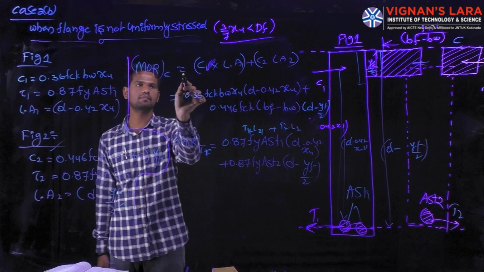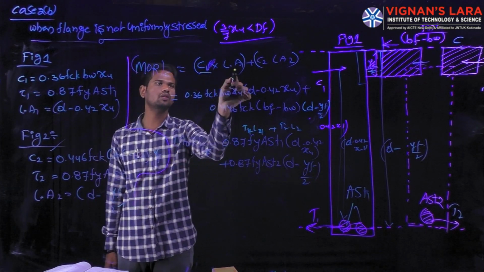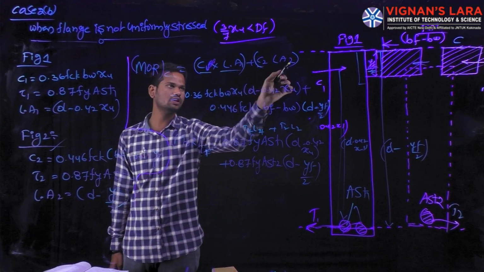Moment of resistance of compression equals compressive force C1 into lever arm A1, plus compressive force C2 into lever arm A2.